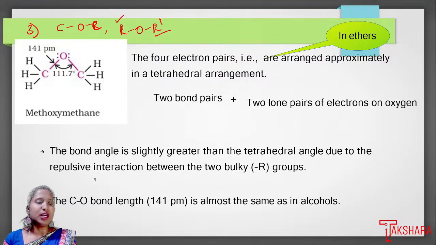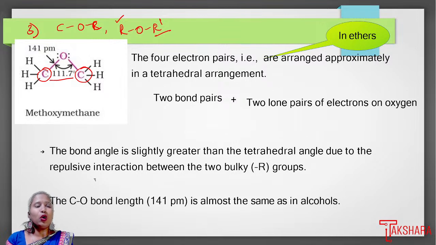Here we have C-O-C where both the R groups are the same, so we can take it as a symmetrical ether. If both the groups are the same it is symmetrical, and if they are different it is an unsymmetrical ether. The bond angle between C-O-C is 111.7 degrees.